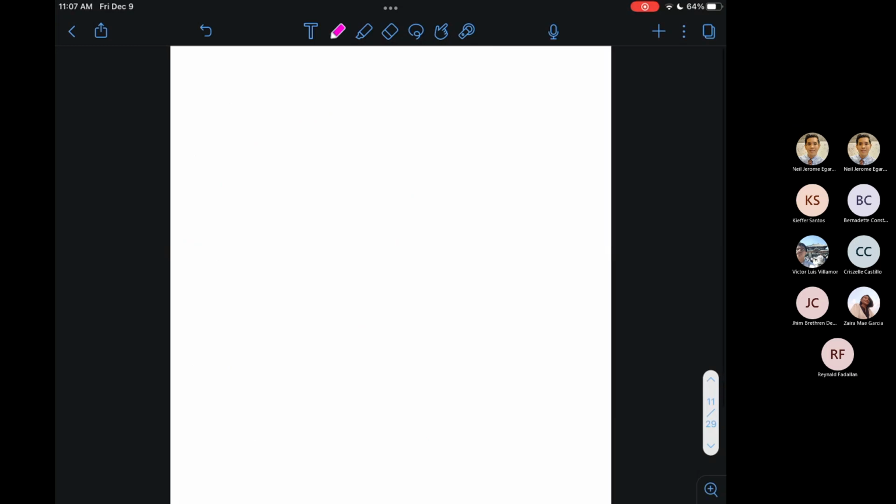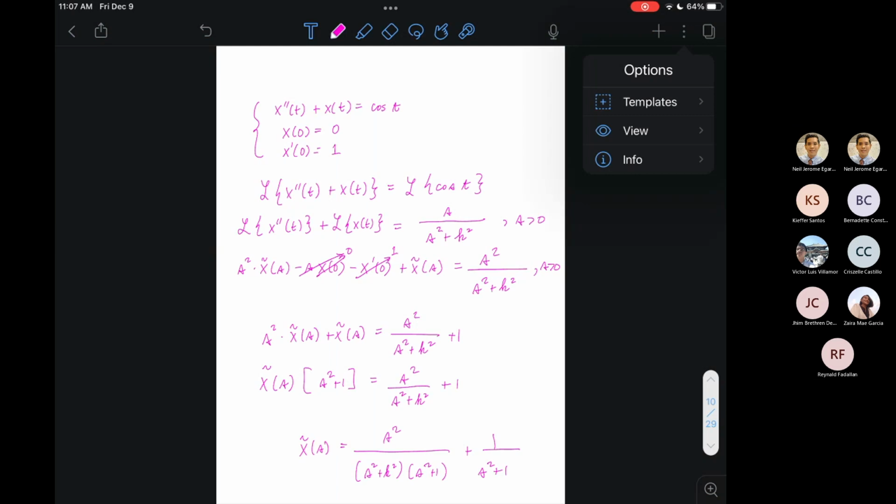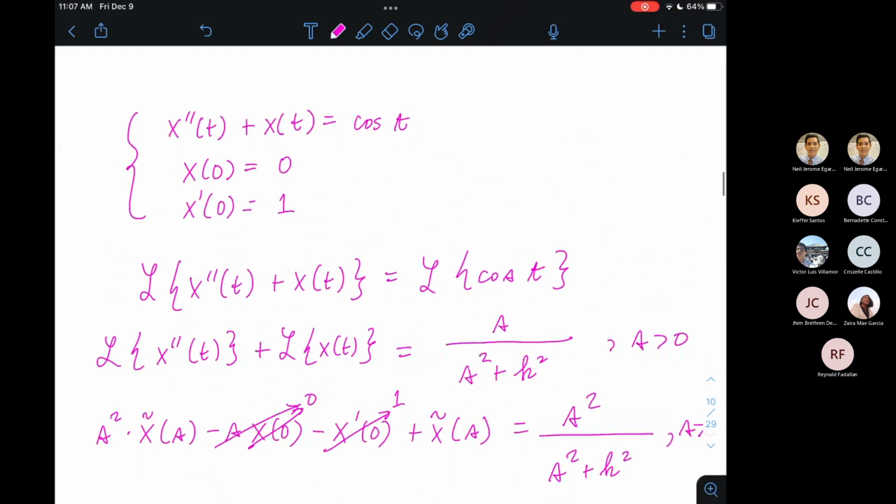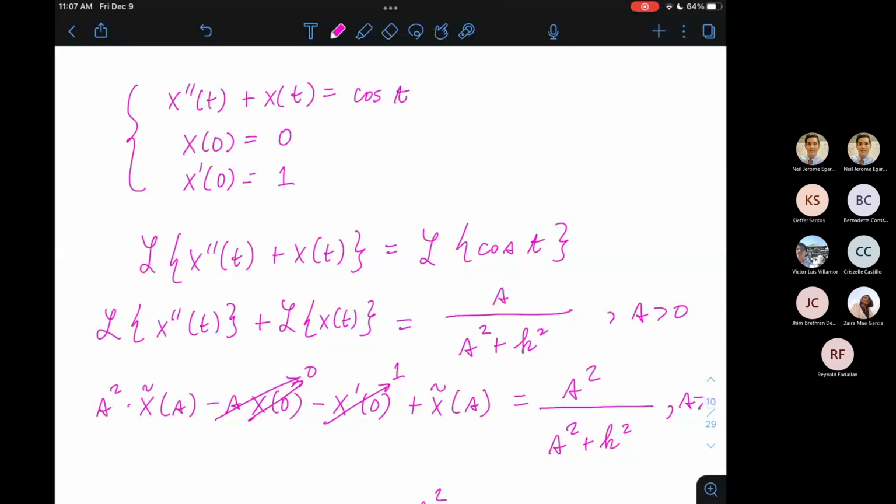Okay. So recall we look at this last time, right? So halimbawa meron kang initial value problem. You have an ODE. You are given the initial conditions x of 0 and x prime of 0.